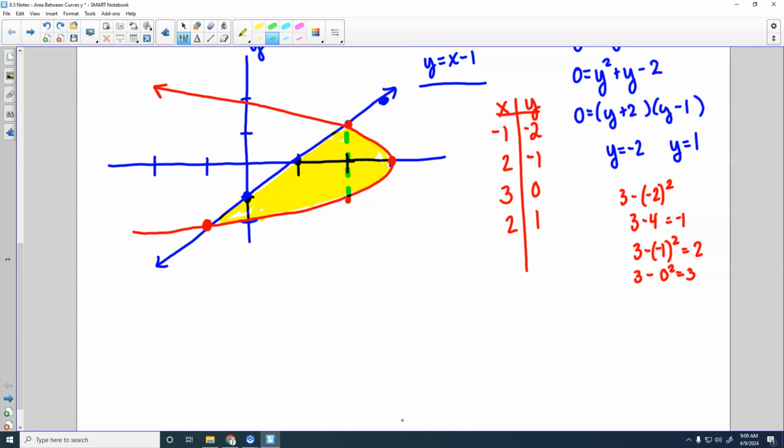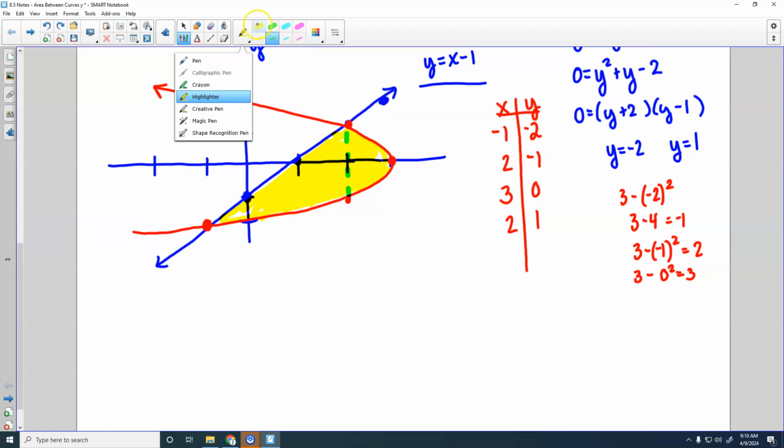We want to think about the furthest right and the furthest left. So which function is furthest to the right on this, red or blue? Red. And is it always furthest to the right in this shaded area that we're concerned with? It is, right? It's always to the right, and the blue is always to the left.